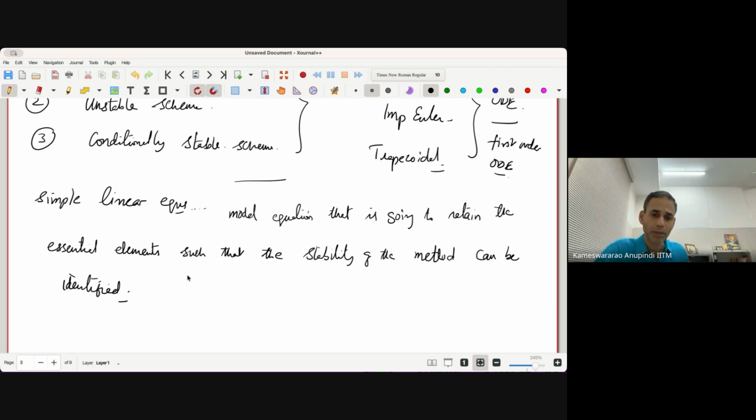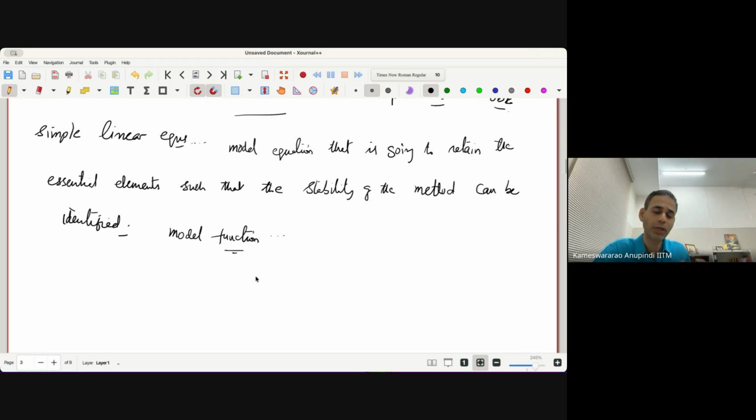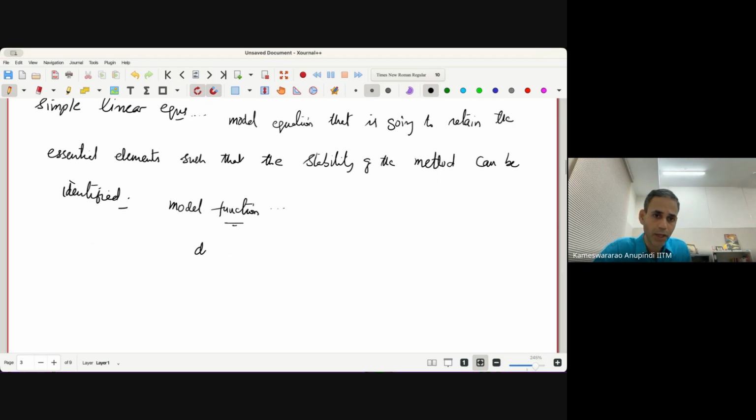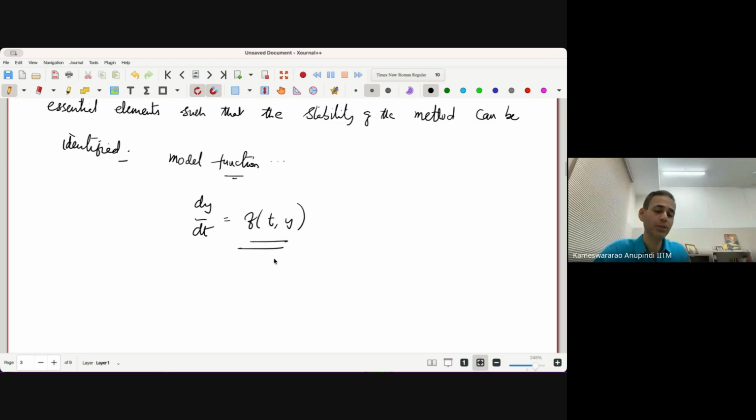So we need to come up with a model function, because we cannot apply it for each and every function that we get. Let me take dy dt equals f of t comma y, but now I have to change this f of t comma y to be a model function that will capture the essential elements such that this method can be commented upon for several other functions.